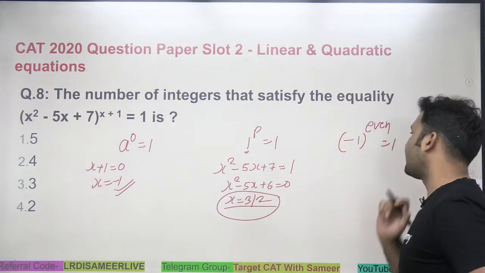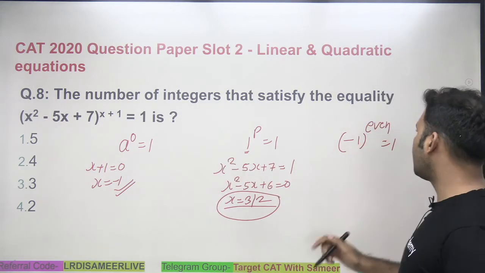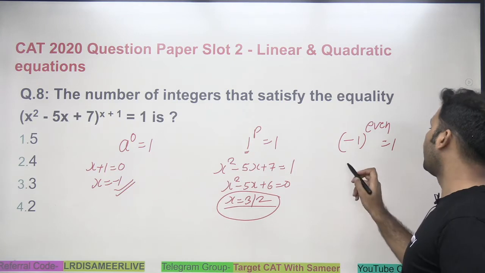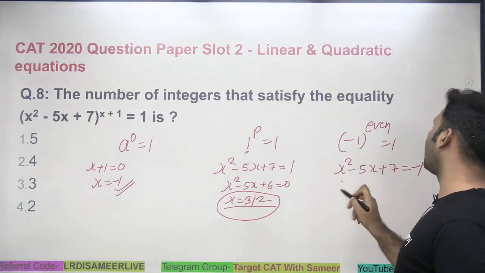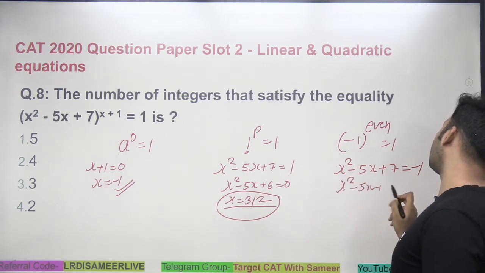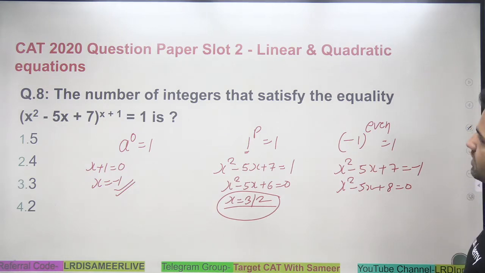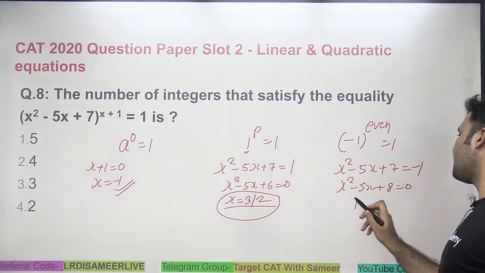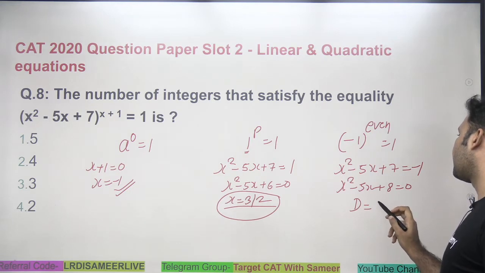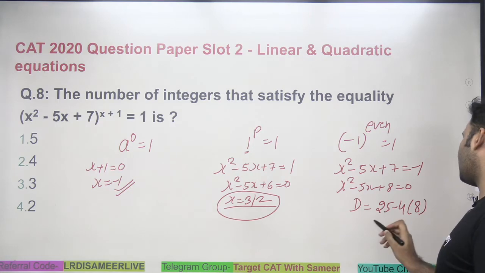Let's look at those values where the value of the quadratic expression is equal to -1 and the power should be even. So when I make x square minus 5x plus 7 equal to -1, I'll have the equation x square minus 5x plus 8 is equal to 0. Now if I look at the roots of this, the discriminant of this quadratic equation is b square, that is 25, minus 4 into a into c, which is less than 0.